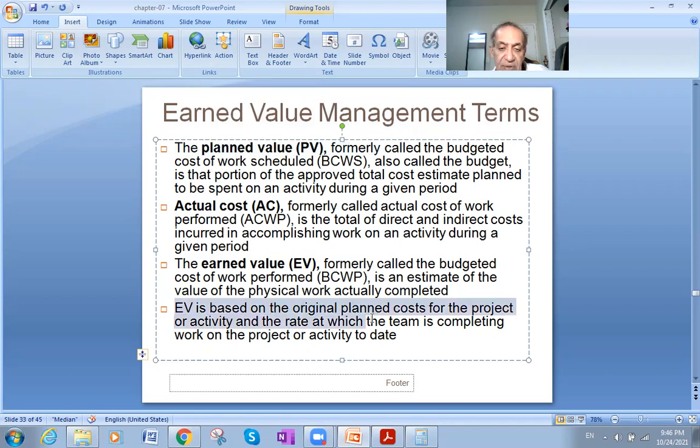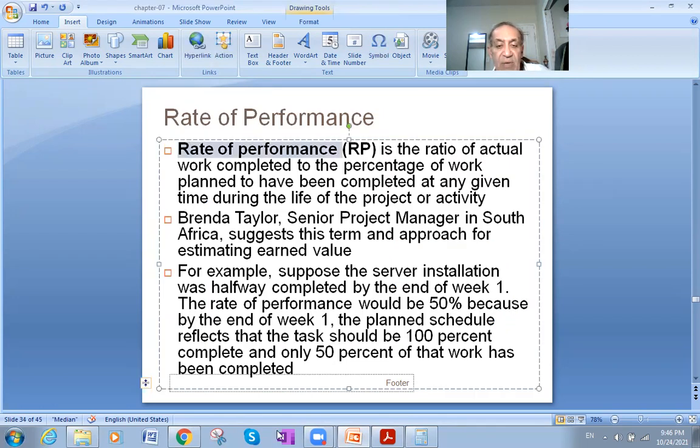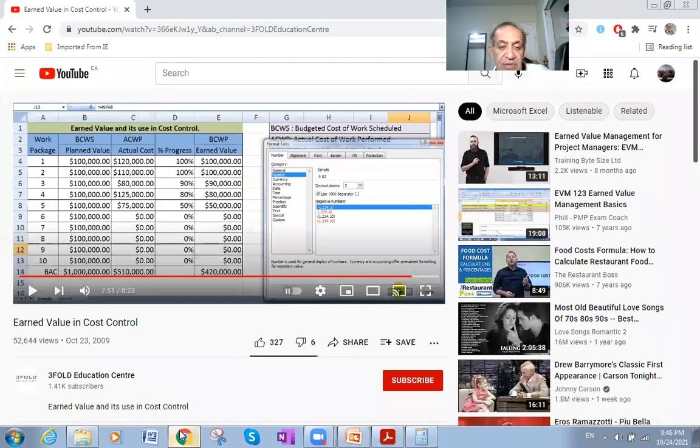EV is based on the original planned cost for the project, or actually the rate at which the team is completing the work. Okay, the rate of performance, like what we saw here in the video just now, this is the rate of performance or the progress.